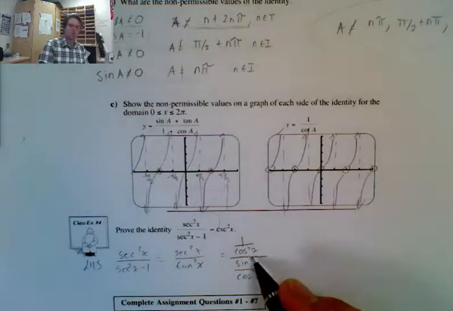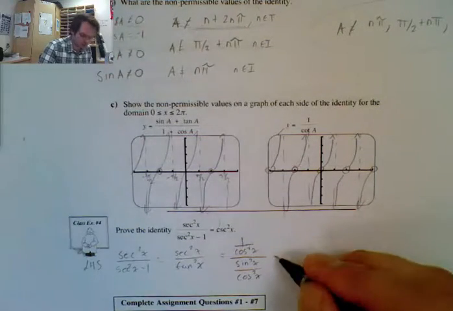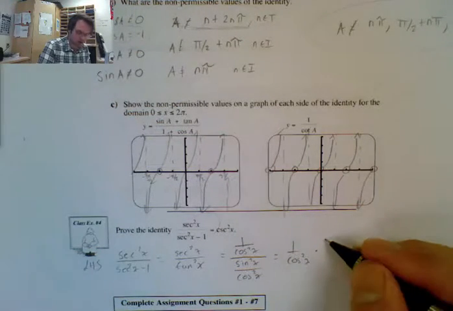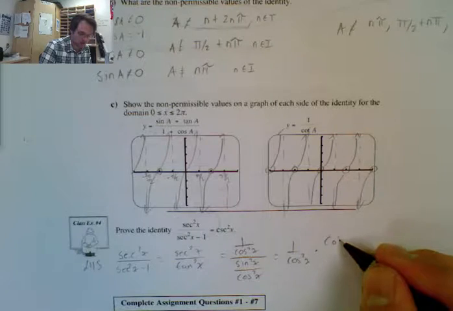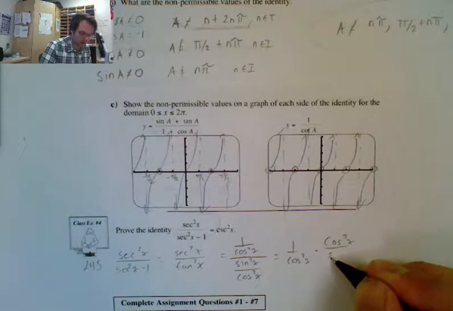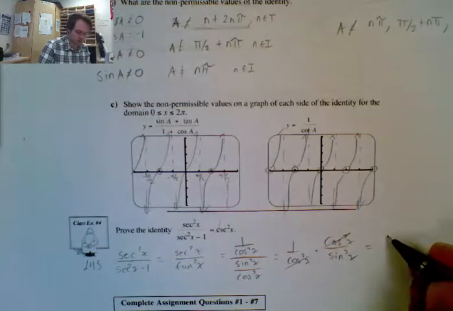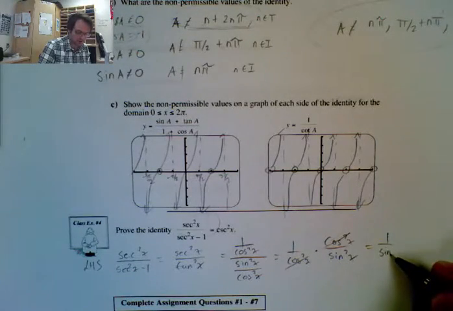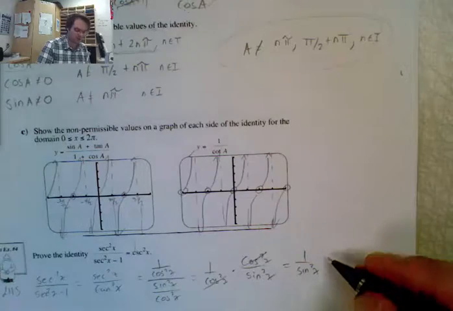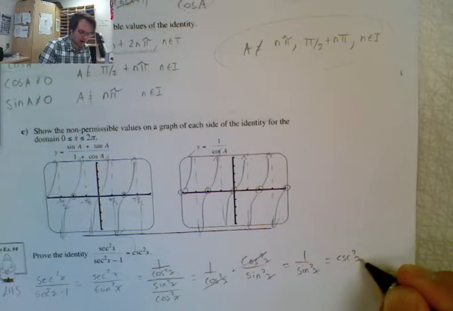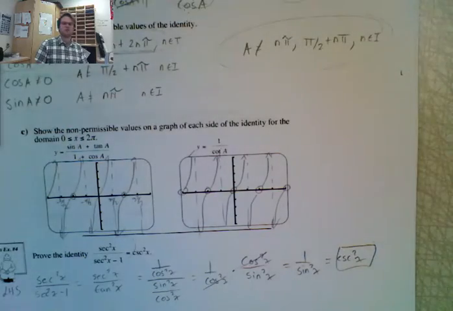Now we have division of a fraction, so this is going to be the same as 1 over cos squared x multiplied by cos squared x all over sine squared x. These will cancel off, and I'm left with 1 over sine squared x, which is the same thing as cosecant squared x. And it is the same, so we just proved it.